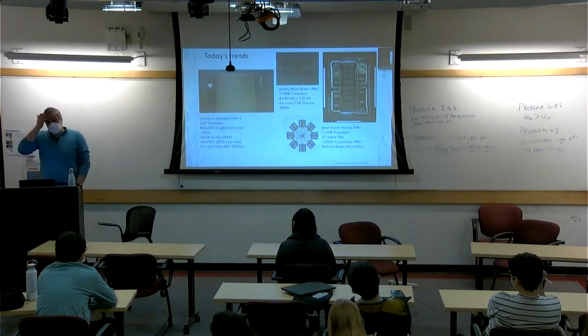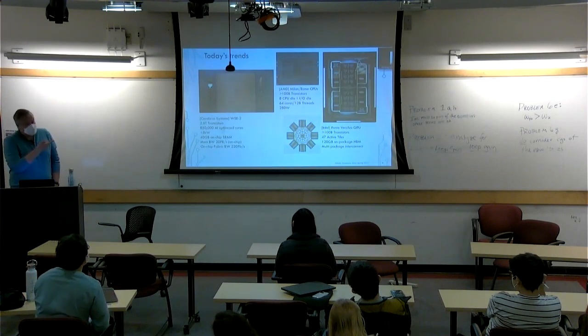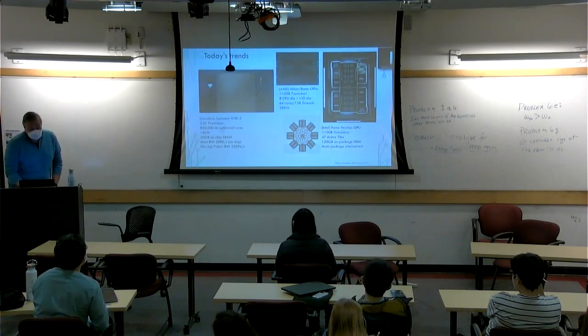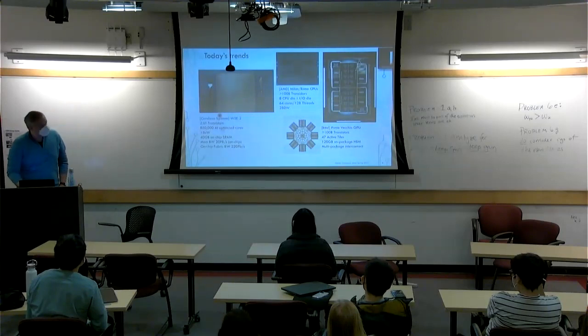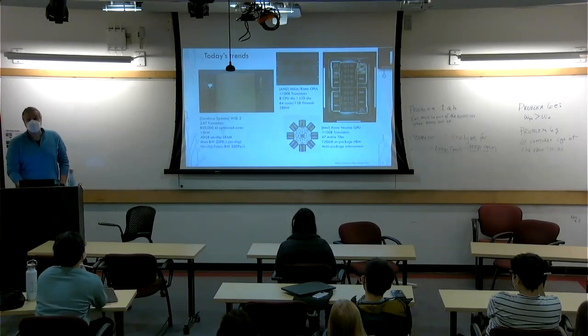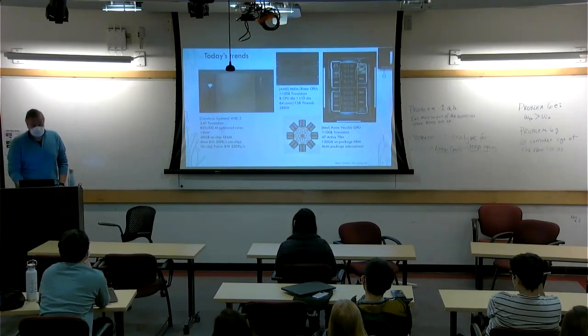So what are today's trends? Well, on one hand, we have people who took this concept of on-chip network to the very extreme. So I like this fun photo of Cerebras. This is the Wafer Scale Engine 2. So it's not like a gimmick. This is really a whole wafer. They just cut out the round edges.